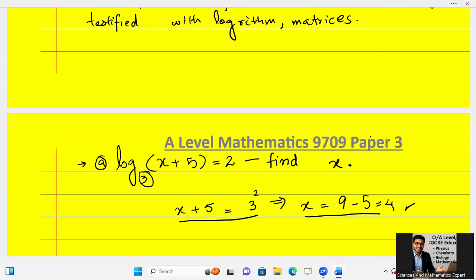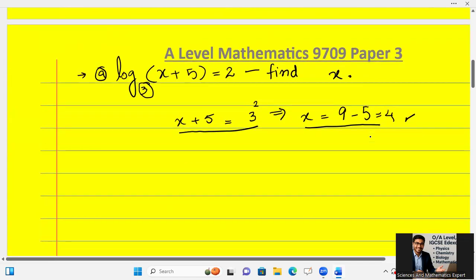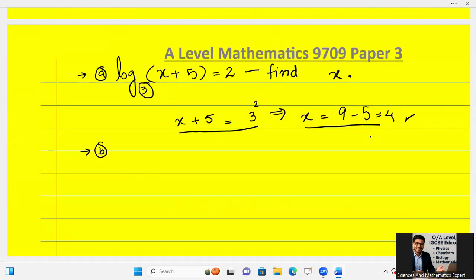Let's take some other question, which he gives as part B. Here you have log of 3x minus 1 to the base 2 is equal to 5.